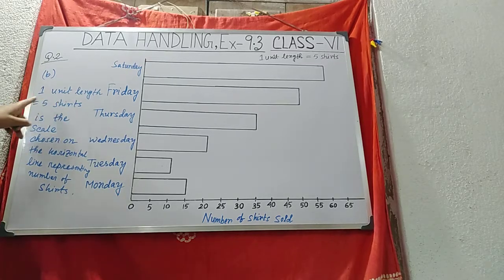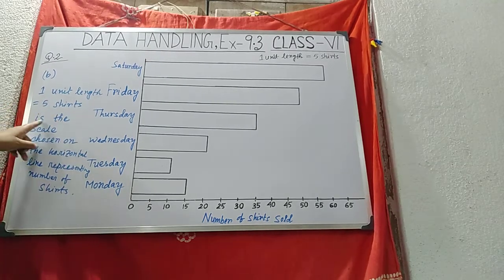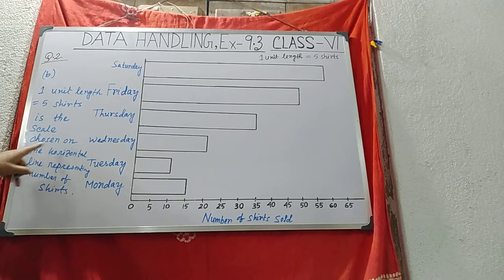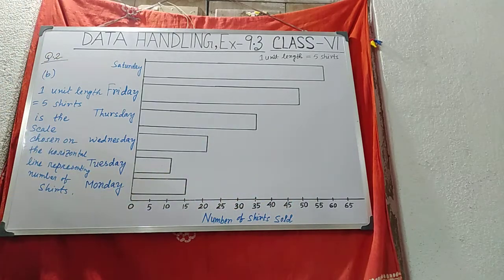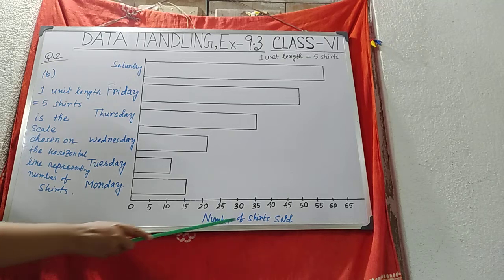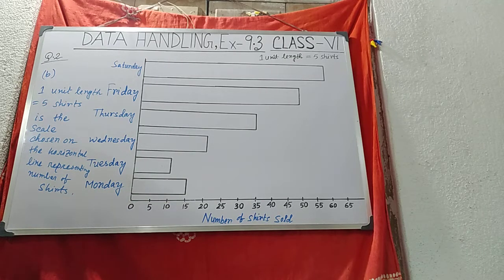One unit length equal to 5 shirts is the scale chosen on the horizontal line, meaning this line representing number of shirts. So this will be our second question's answer. Now we move to the third question.